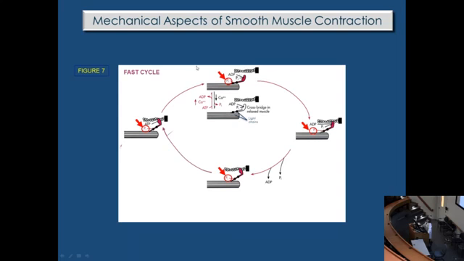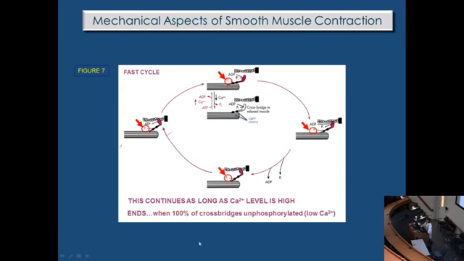This will continue as long as phosphorylation is occurring, and this is because calcium level is high. Then this cycle will stop when 100% of the cross bridges are unphosphorylated. That means there was a decrease in the calcium concentration, right?